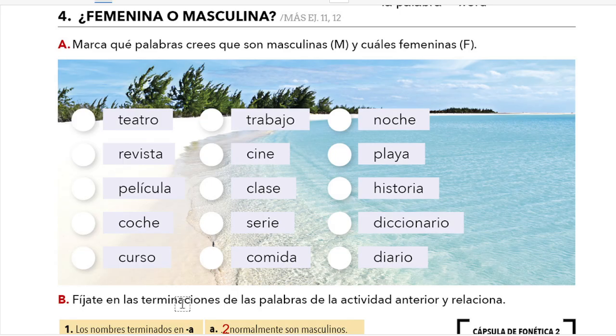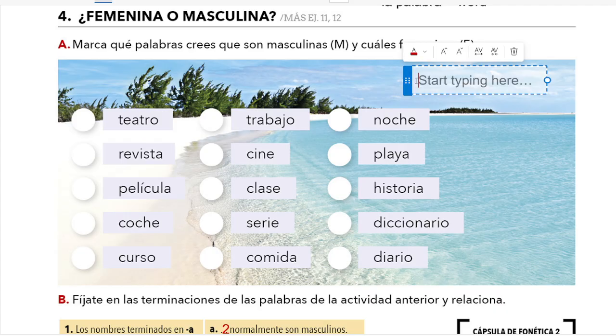Teatro, the first word. So it is ending in O. So it is obviously masculine. I'm writing here el teatro, which means theater.